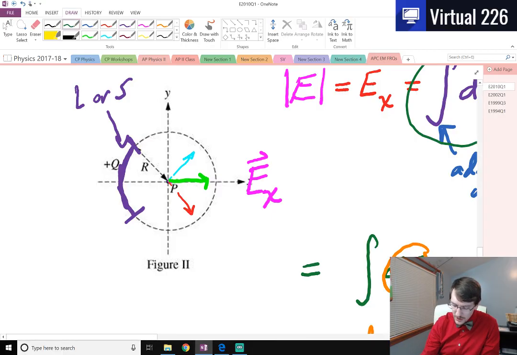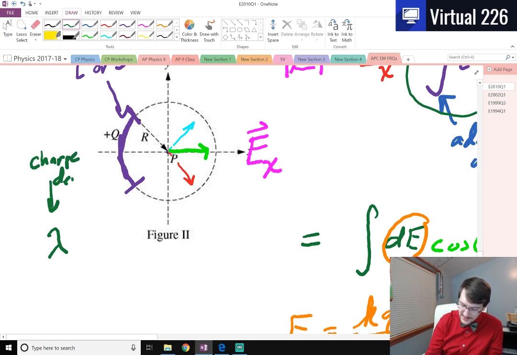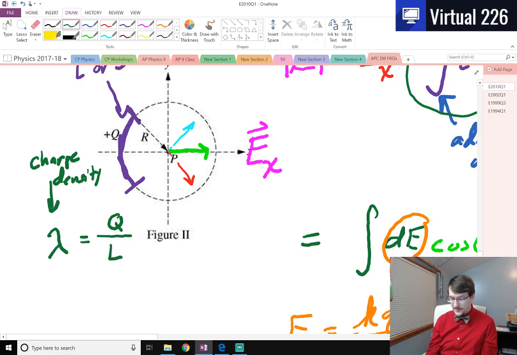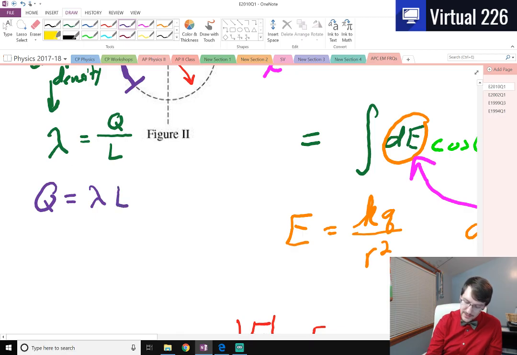But because this charge is spread out uniformly over this length, we can say that this arc has a charge density. It has some charge per unit length. And we can write this charge density as lambda. It's equal to the charge that we have, plus Q, divided by some length. Well, we could rewrite that just by saying that Q equals lambda L. I just moved that L over.